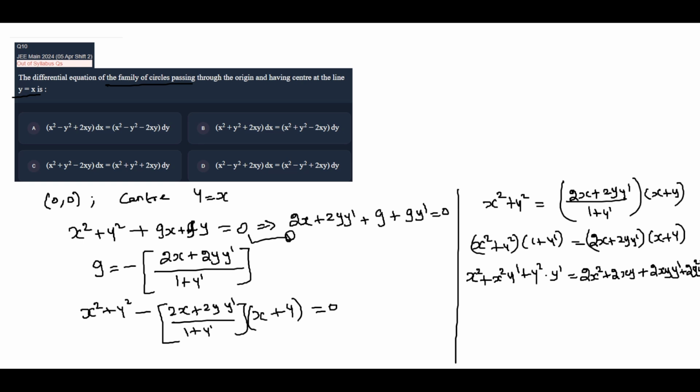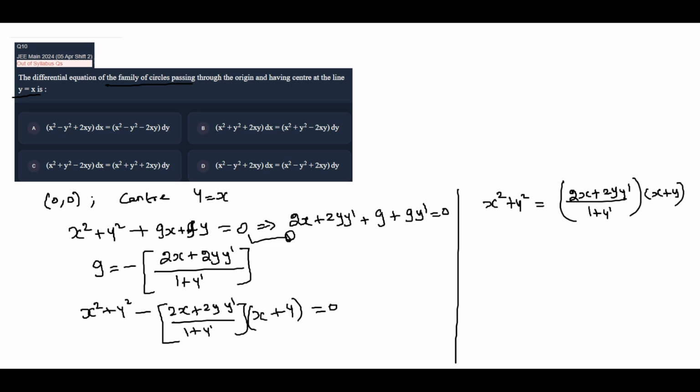So if you simplify this, x square plus y square into 1 plus y dash equals 2x plus 2y y dash into x plus y.